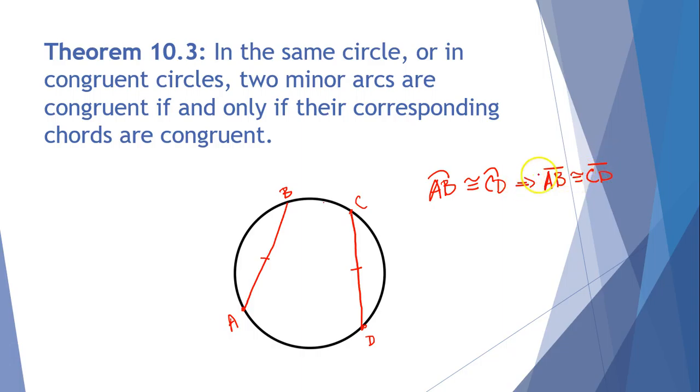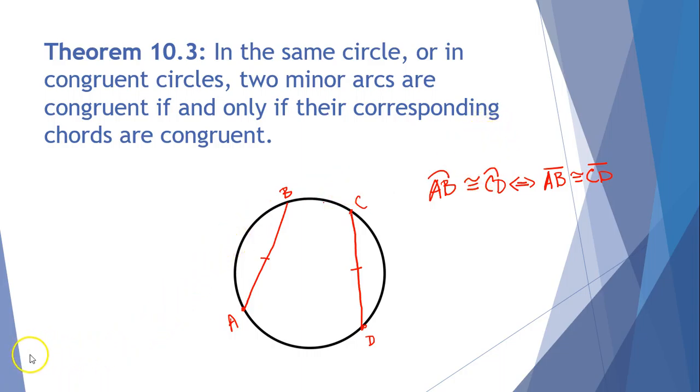And this can also be flipped the other way around. If I know segment AB is congruent to segment CD, then that implies that their arcs are congruent to each other. And that's what this theorem is about.